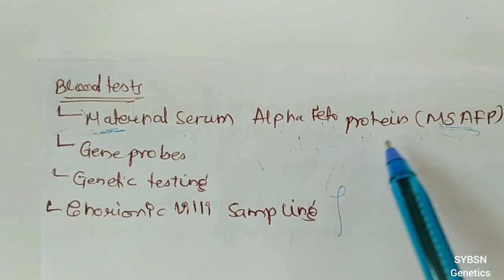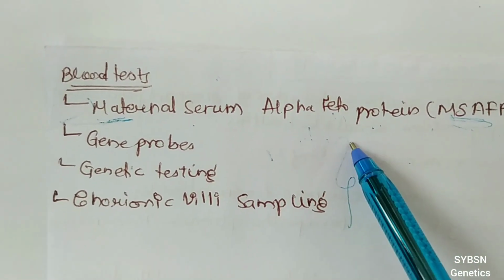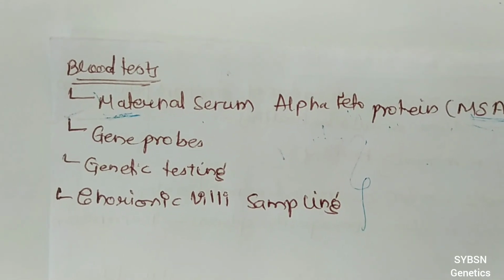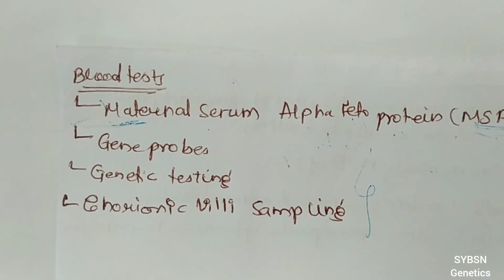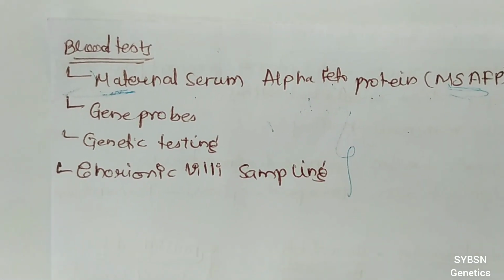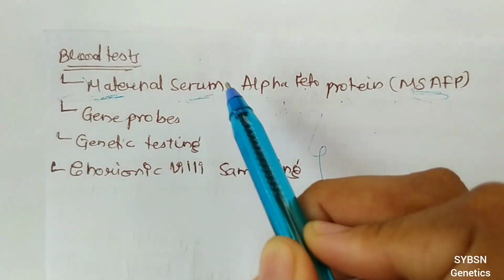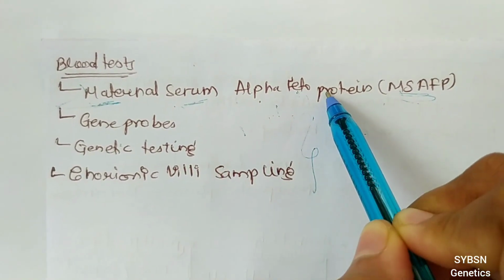It is a rather complicated procedure. The disadvantage of it is that it can give a high false positive rate. It can also give you a negative result that may be false, so you don't really rely on the maternal serum alpha fetoprotein test.